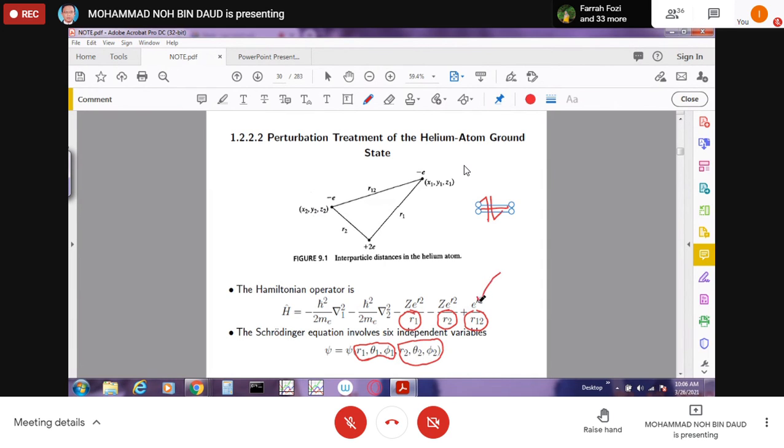Because of these terms, the potential and the repulsion, the Schrödinger equation cannot be solved. So this is a charged electron, the second electron, and this is the first electron.